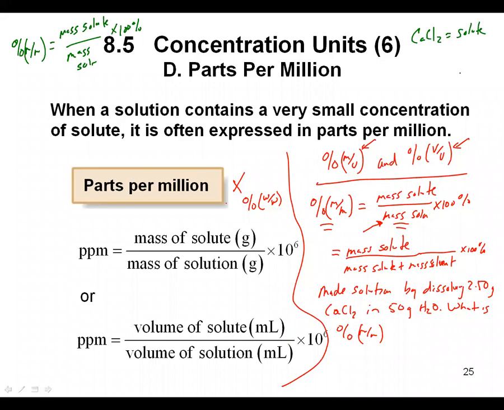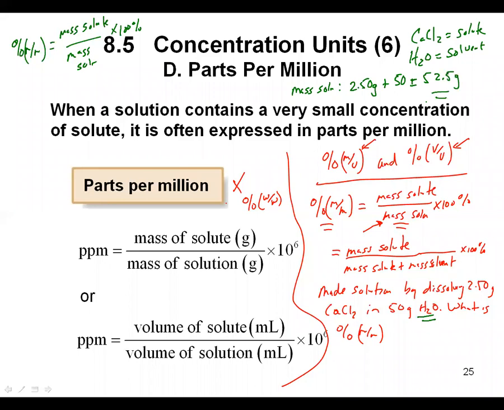So the solute would be 2.5, but we do need to calculate the mass of the solution. The mass of the solution would be the 2.5 grams, our solute, plus the 50 grams, our solvent. So our solution would be 52.5 grams.